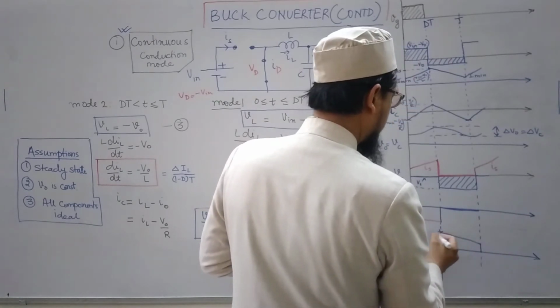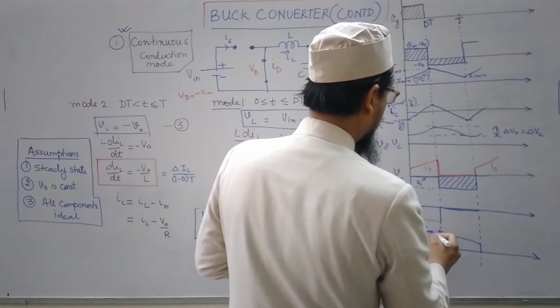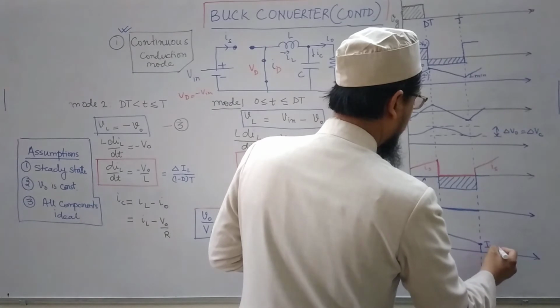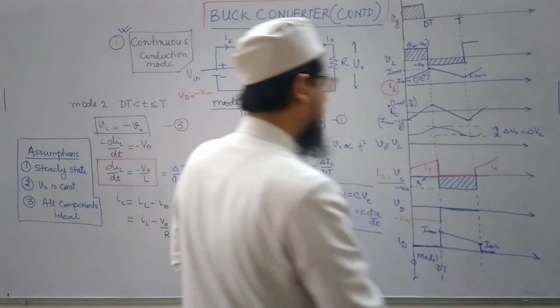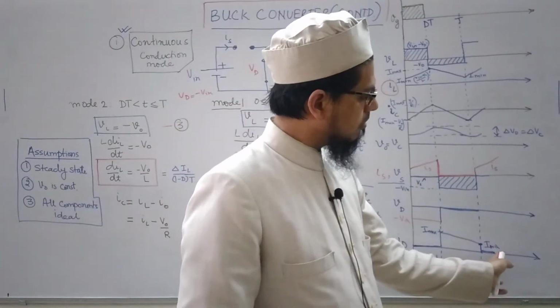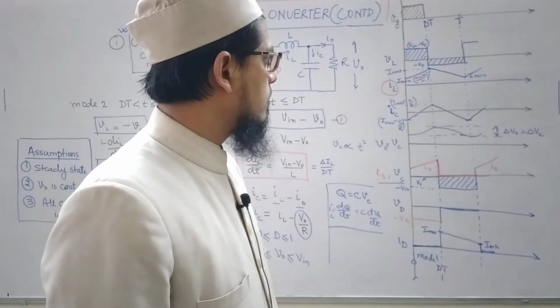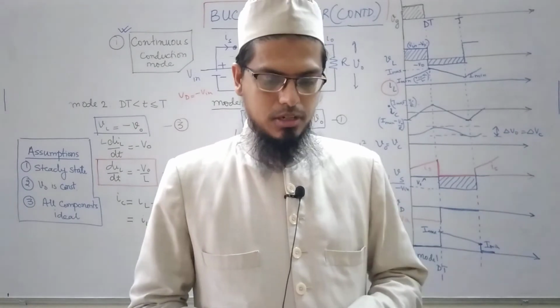Okay, so it starts from I max and reduces to I min, and then goes to 0, and then it remains 0 for the next mode of the full cycle. Okay, so these are the various waveforms that are associated with a buck converter.